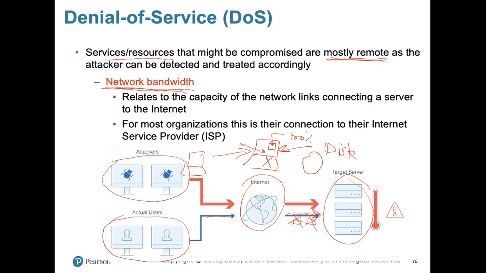Yep, and this basically comes from one fact: most of the time, the bandwidth of our connection to our ISPs is not the same as the bandwidth that we see here. It might be smaller.